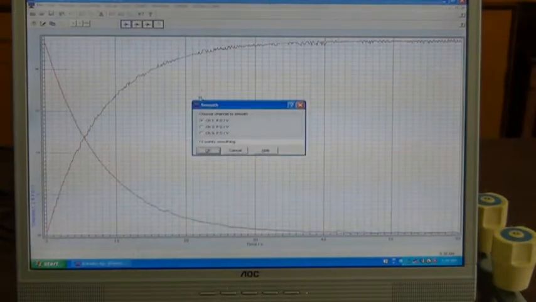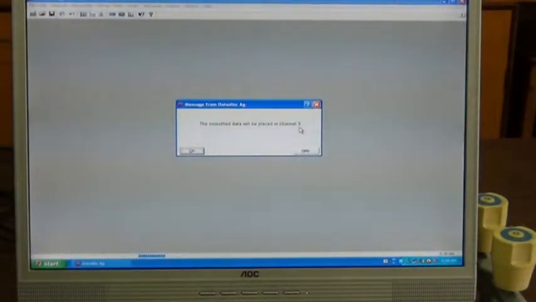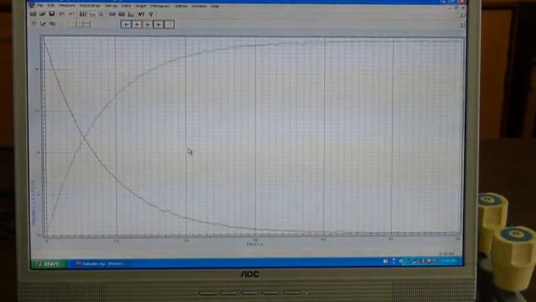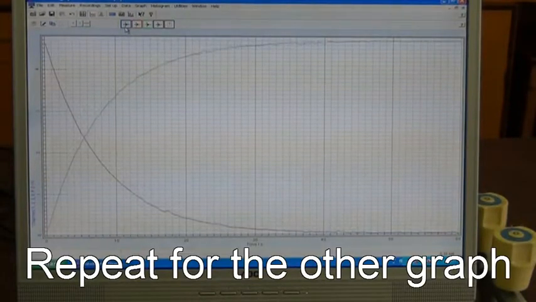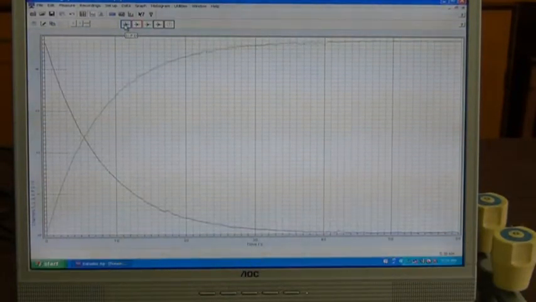We repeat the procedure for the other graph. And we are ready.